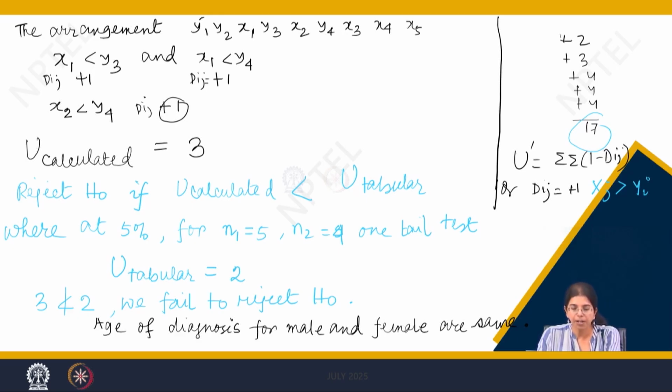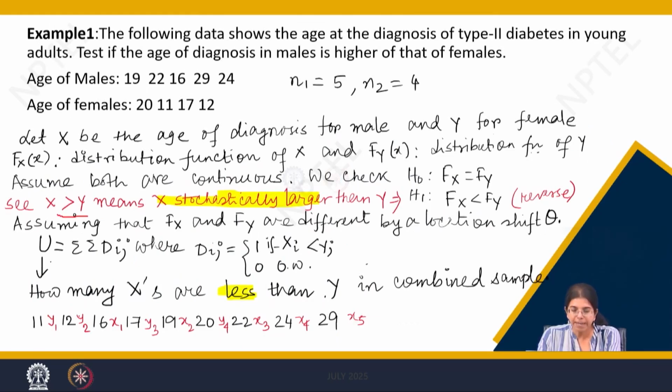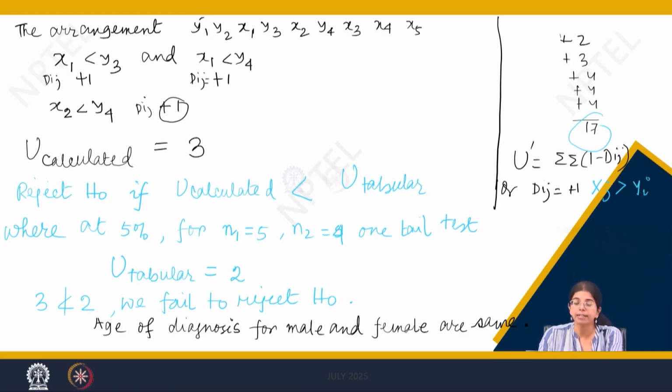Now if I ask you how many X are falling behind Y, how many X are smaller than Y? Now just count it out. Stick to X1. X1 is less than Y3, X1 is less than Y4. Is there any other Y for which X1 is smaller?